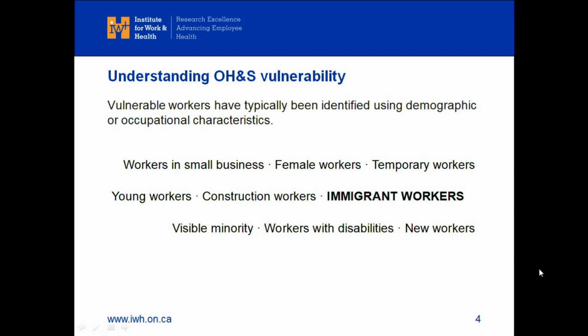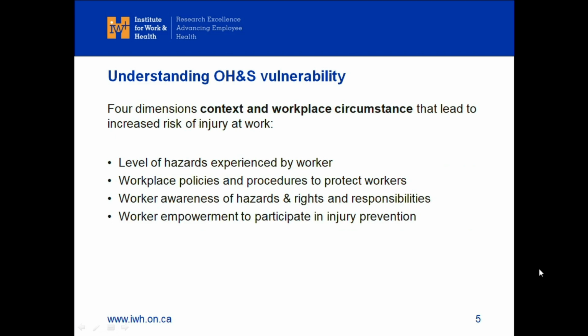The second disadvantage is that it focuses on individuals, the worker themselves, rather than the context that they're working in, which provides very few levers for policy, regulatory and organizational level changes to better protect workers. Another disadvantage is that it lumps a whole lot of people who are very different under the umbrella of vulnerable, rather than looking specifically at why they might be vulnerable.